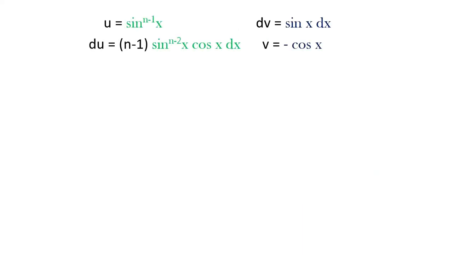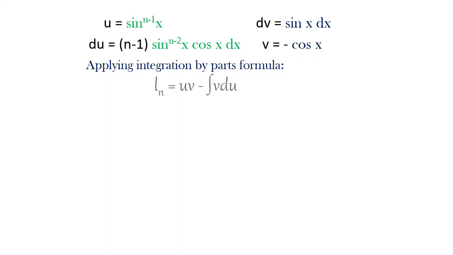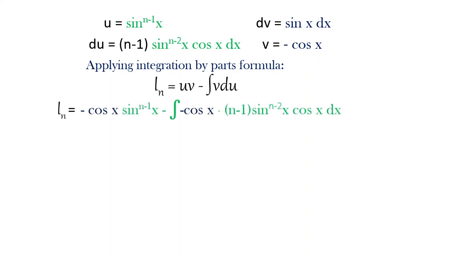So what we are going to do is apply the integration by parts formula, and it is like that. I hope you're familiar with it. We take u multiplied by v, and then subtract the integral of v multiplying du, and then we get something like this.